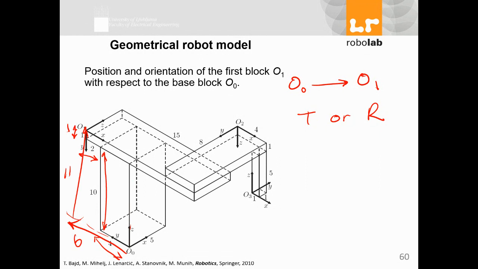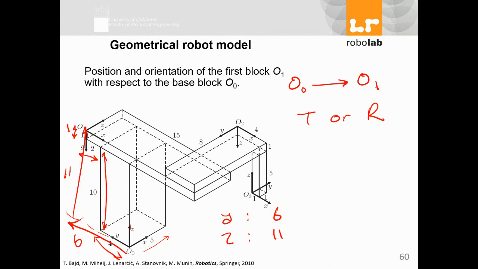Is there any linear movement in this direction, in the x direction? How much is it in the x direction? It looks like nothing. It's moved alongside y and z. So my y has moved 6, and z has moved 11. So in terms of movement, we have movement alongside y and z.